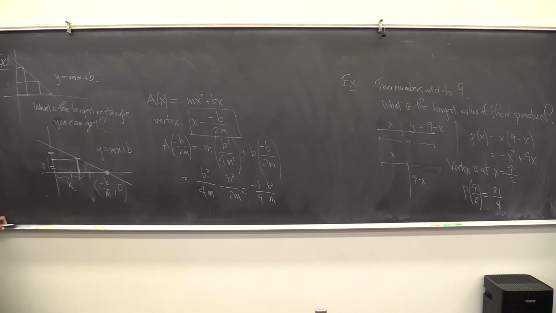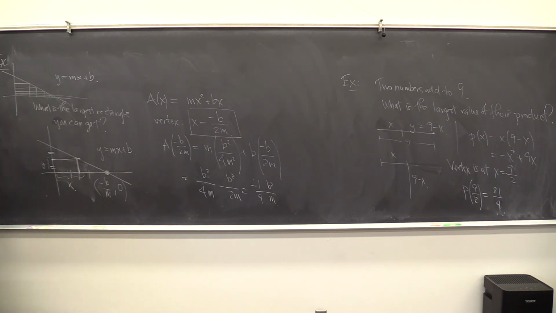Yes, madam. Is that also when the rectangle meets the line y equals mx plus b? Like when the corner of the rectangle meets the line? Well, all of our rectangles, remember, the problem was to look at all of the rectangles where the corner meets the line.